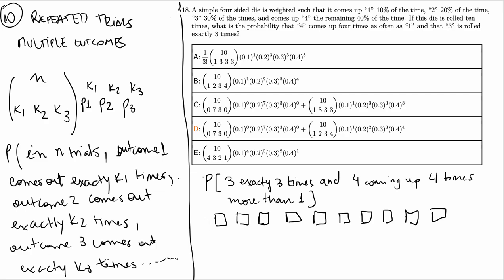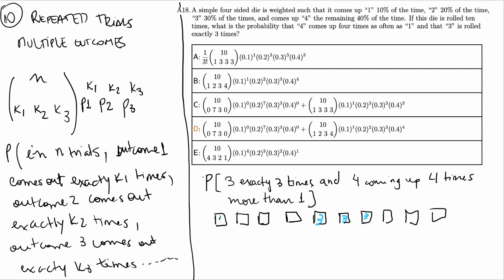So one situation that would be fine for me is this. Well, 3 appears 3 times. This is one possible situation, okay? But the event that I'm interested in is not only 3 appearing 3 times, it's actually 4 coming up 4 times more than 1.